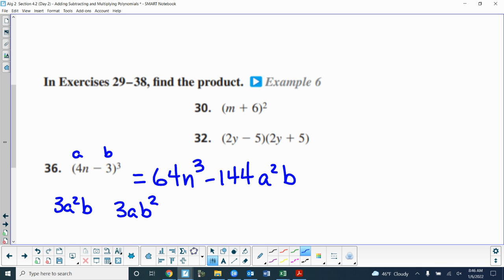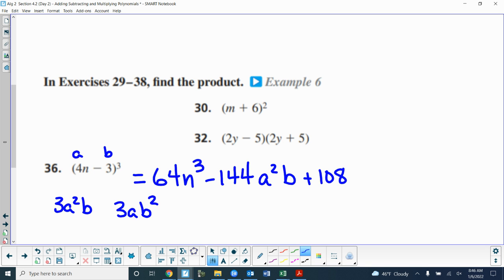Then the next term is 3ab squared. So you're supposed to square the b, so negative 3 squared is 9, times the a, 4n, is 36n, and then times 3. And 36 times 3 is 108. So it's 108, what was it, n?